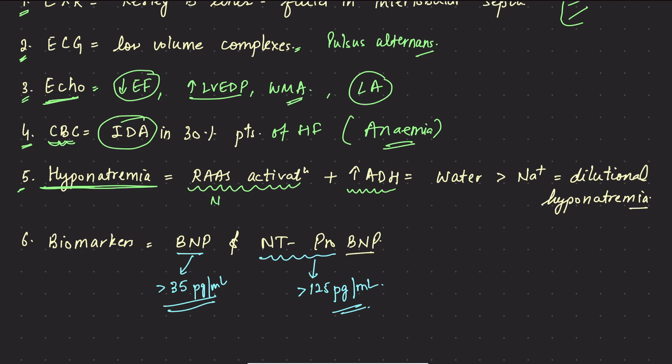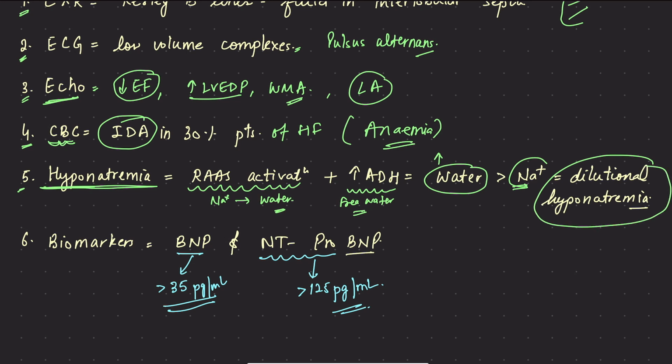RAS will cause sodium reabsorption, and it will lead to water reabsorption, while ADH will cause free water reabsorption. So, after all, water is reabsorbed more than sodium. There is dilutional hyponatremia. It is very important. In almost all the patients of heart failure, you will see dilutional hyponatremia, that is volume overload.